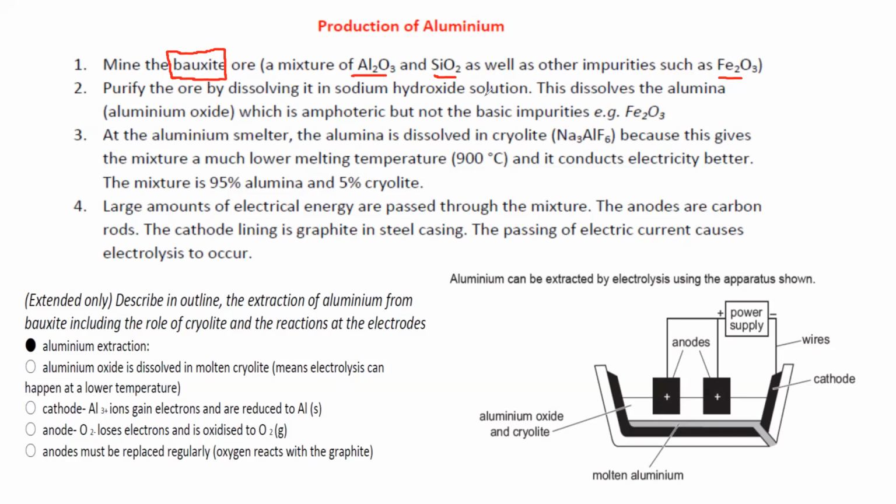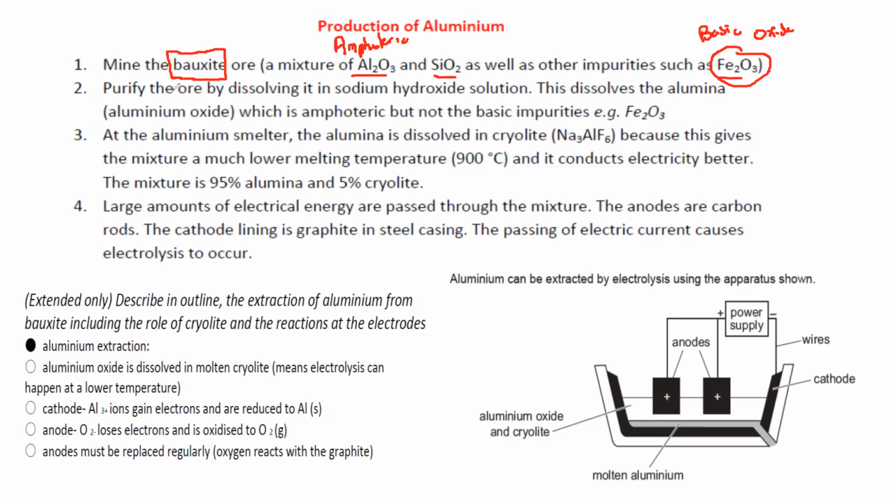Aluminium oxide is amphoteric, and silicon oxide or sand can be separated easily, but the problem is with iron oxide. Iron 3 oxide is a basic oxide. Amphoteric means it can react with both acid and alkali, but iron 3 oxide is a basic oxide, so it can react with acid, it cannot react with alkali.